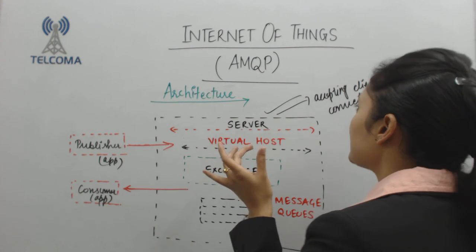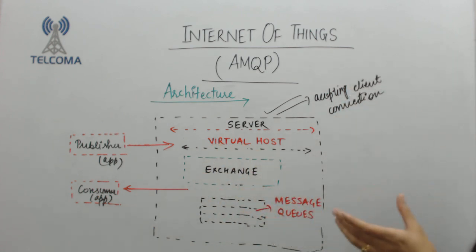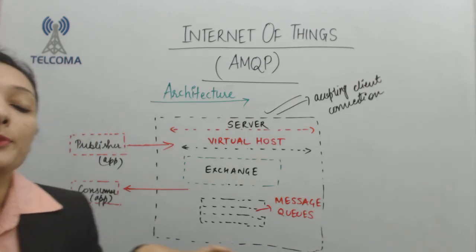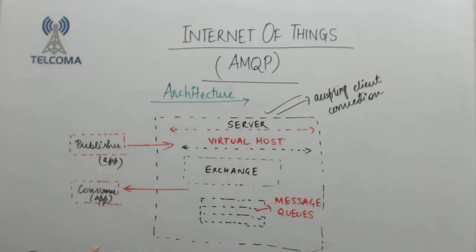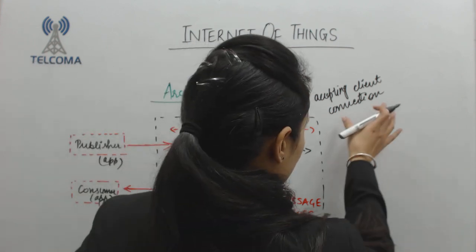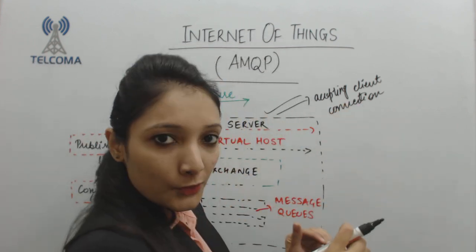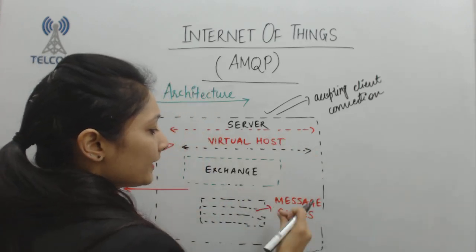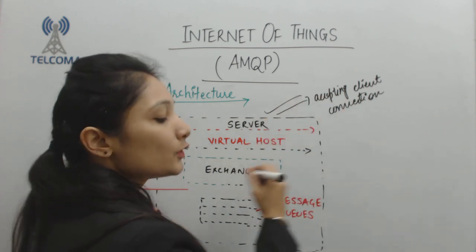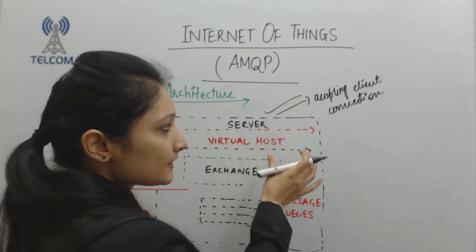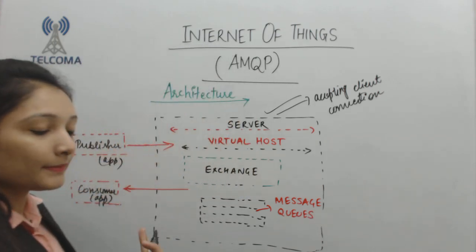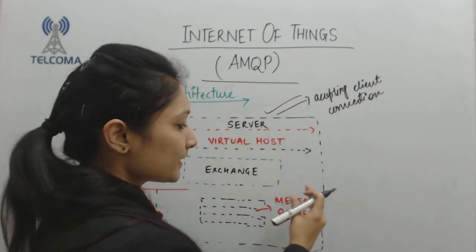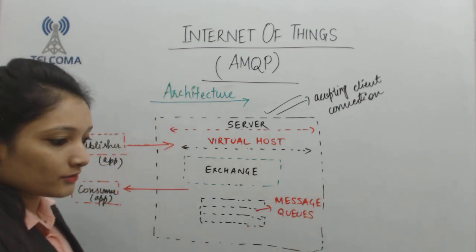Now, after accepting the client connections, it is responsible for routing the messages to the appropriate consumer. So server is on the topmost of this architecture. After that, we have the above lying units which will be doing all these functionalities. So this is just accepting the various connections and implementing the AMQP messages and then queuing, or we can say forwarding those messages.